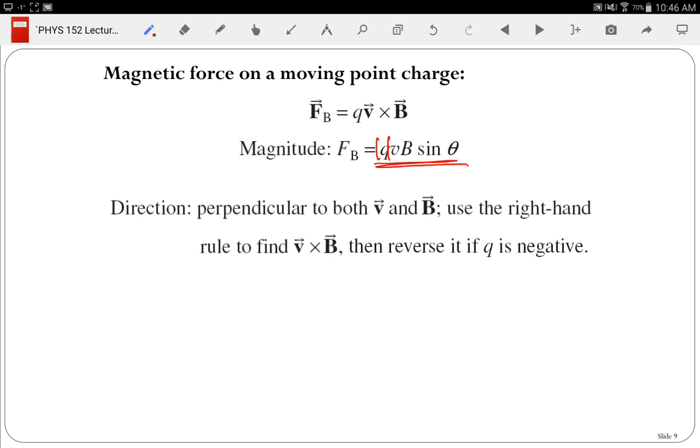Use the right-hand rule to find the direction of V cross B. And then if Q is negative, you have to reverse the direction, because you have negative in the direction you just found. So find the magnitude, it'll be a positive number. Find the direction using the right-hand rule for V cross B, and if Q is negative, then reverse the direction because Q was negative.